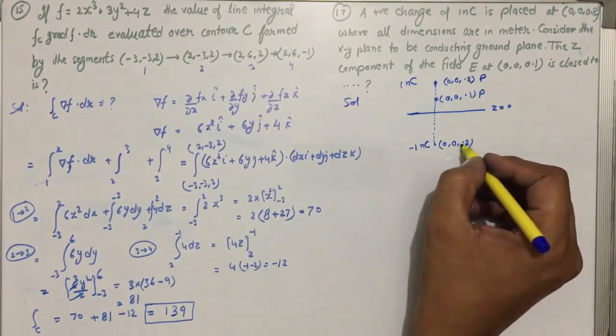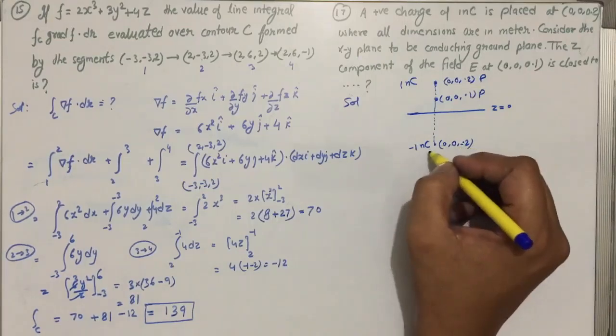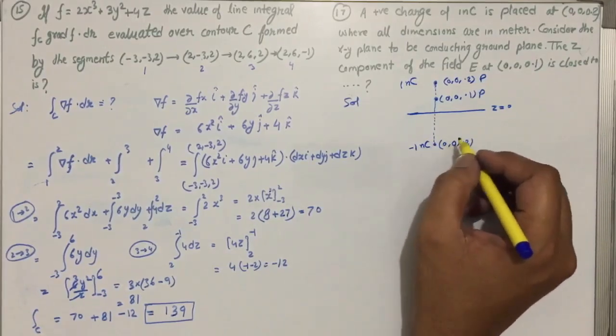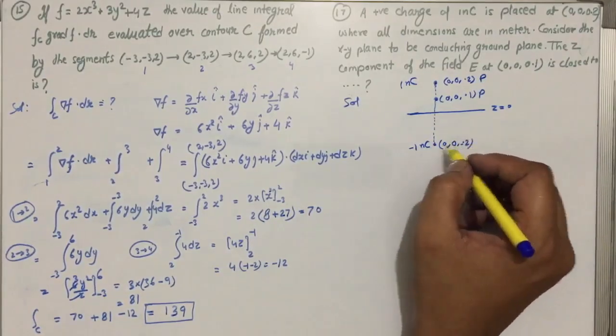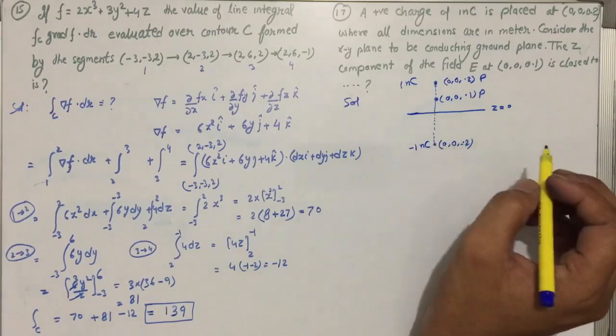So it will be minus, and the charge will be 1 nanocoulomb. This is the image law, and from that we can assume that another charge of minus 1 nanocoulomb is placed at this point.